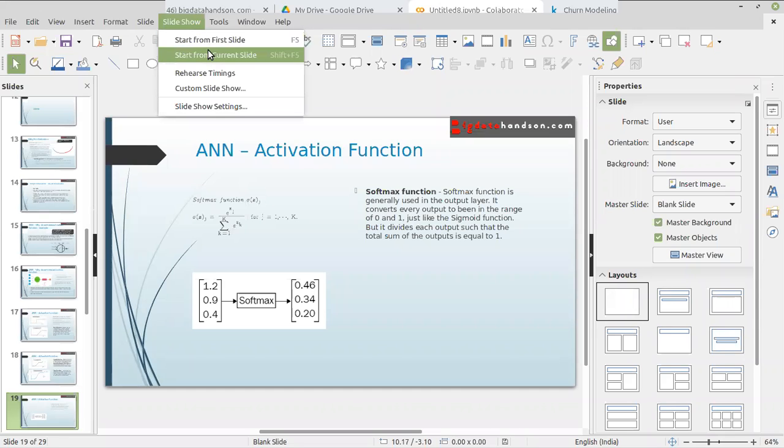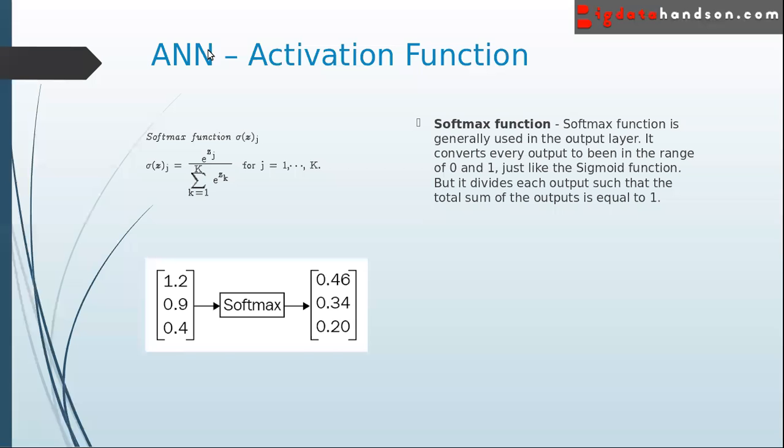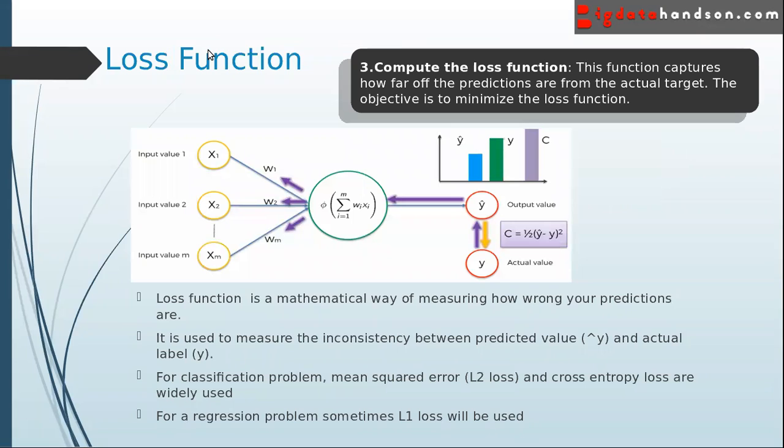The loss function is used to get the error between actual and predicted values. The loss function is a mathematical way of measuring how wrong your predictions are. It is used to measure the inconsistency between the predicted value and the actual label. For classification problems, mean squared error and cross entropy losses are widely used.